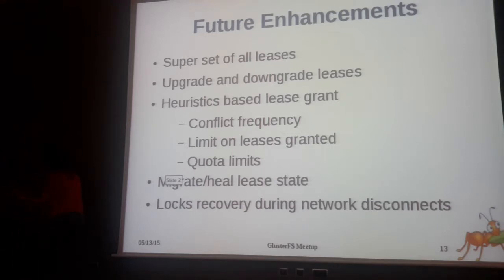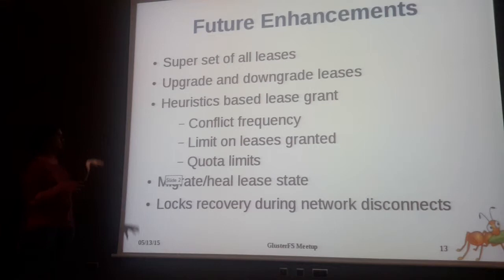Soumya will continue. As Poornima has mentioned, we started by supporting FD-based leases. But our plan is to support rich leases, which can provide the semantics for all types of leases present, like in the NFS protocol or SMB protocol or the Linux leases. Maybe it won't be an exact superset, but we'll try to follow certain standards which provide more correctness with respect to the leases taken by the applications.